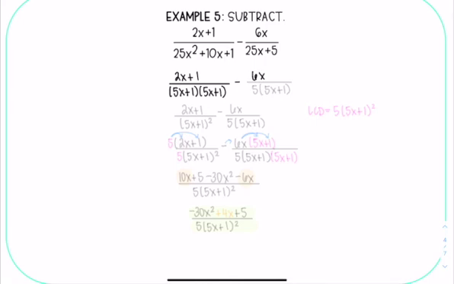And then the second denominator, the only thing we can do is take out a GCF of 5, and we're left with 5x plus 1. Now in the first fraction, we can actually rewrite the denominator as 5x plus 1 squared.